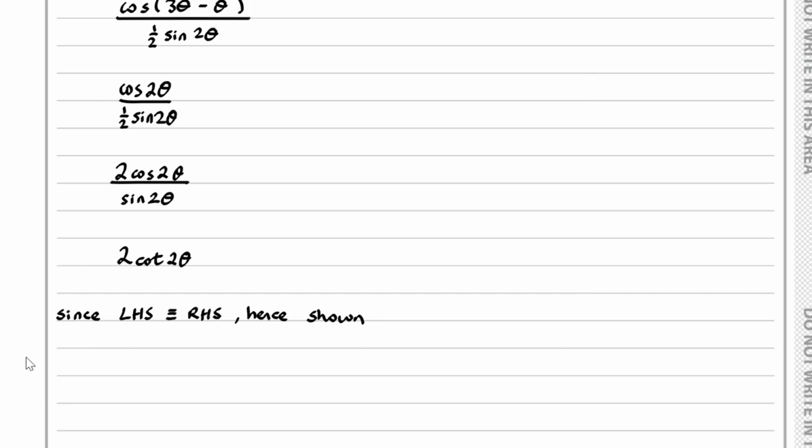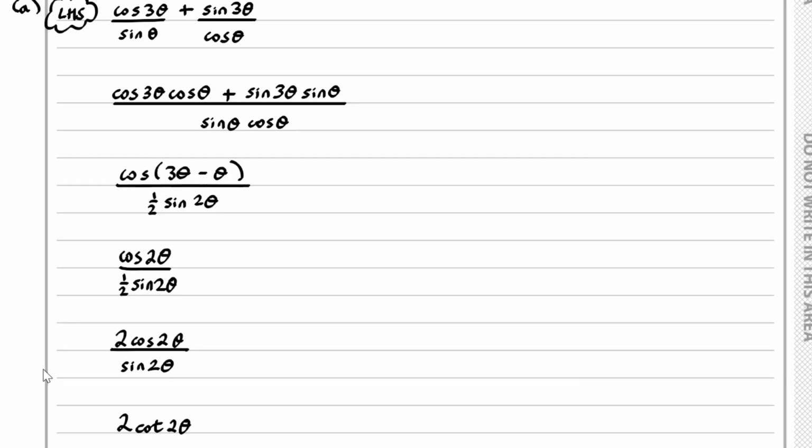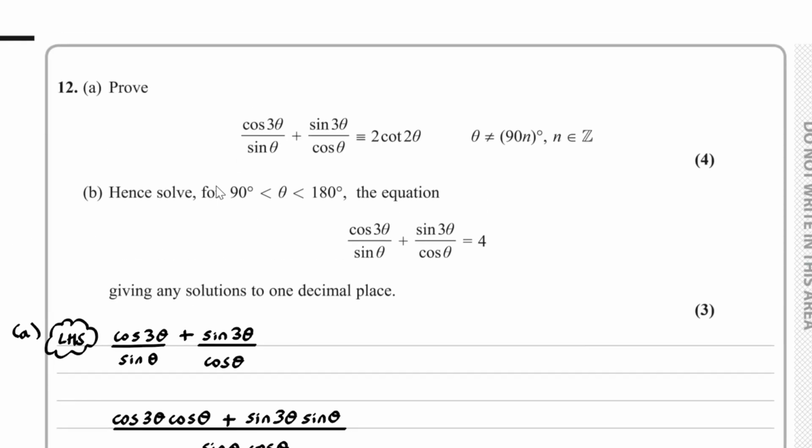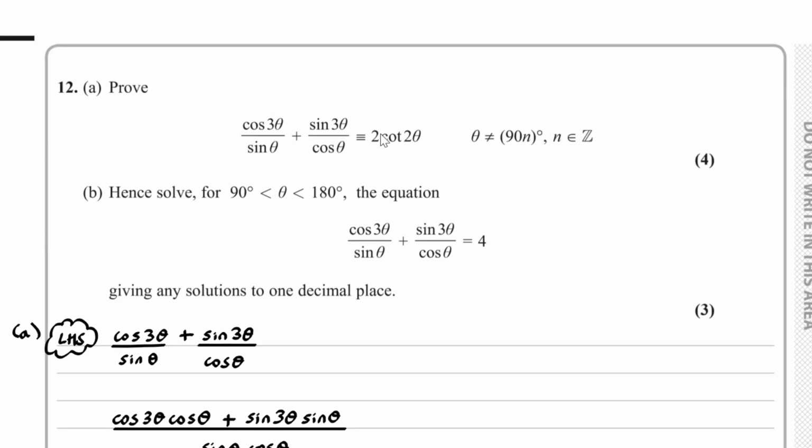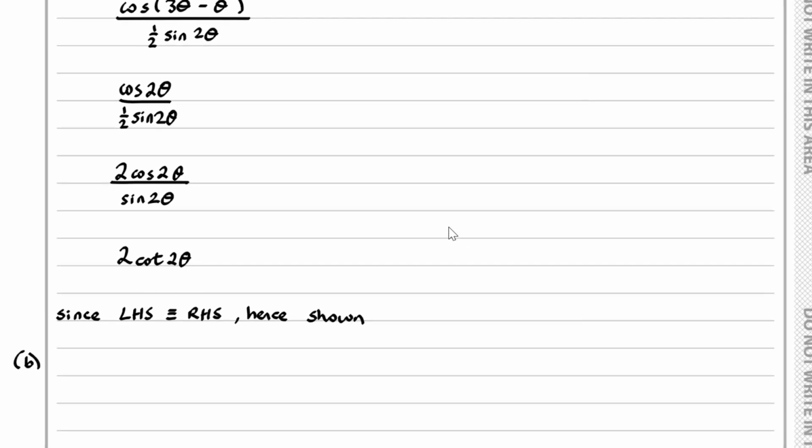Now for part B of the question: hence solve for theta being in between 90 degrees and 180 degrees, this equation equaling 4, giving any solutions to one decimal place. So we can use what we had in part A. We can replace this bit with 2 cot 2 theta. So we have 2 cot 2 theta equals 4.